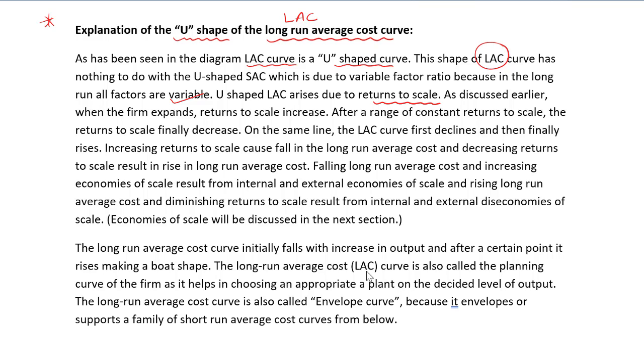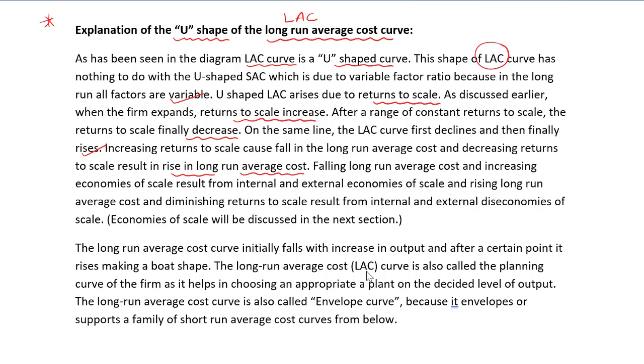As discussed earlier, when the firm expands, returns to scale increase. After a range of constant returns to scale, the returns to scale finally decrease. On the same line, we can say that the LAC curve first declines and then finally rises. Increasing returns to scale cause a fall in the long run average cost, and decreasing returns to scale result in a rise in the long run average cost.